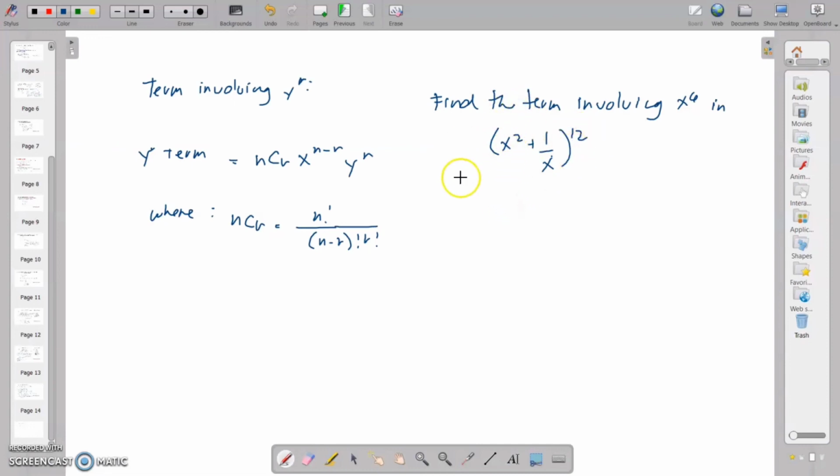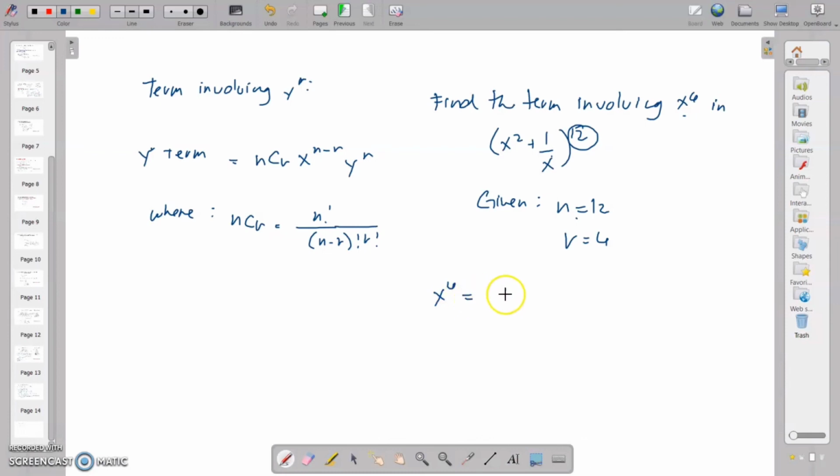So, state the given: n is 12, raised to 12, then the y or x is 6. So then the r is also 6. That's r. The r is 6.